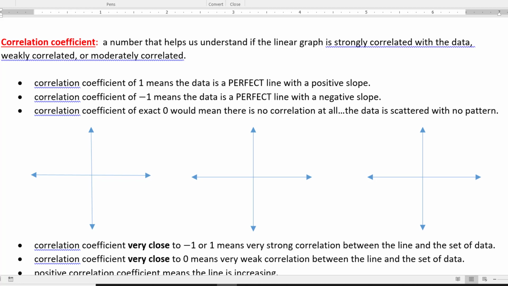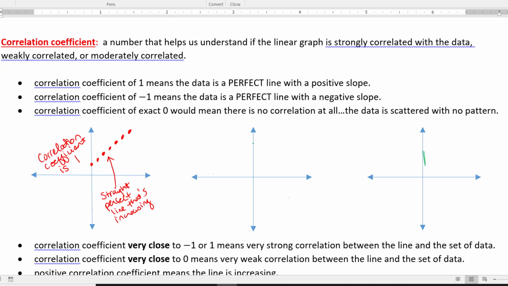So first of all, if a correlation coefficient were actually equal to exactly 1, if that happened, then that would mean that your points that you gathered from your data, your scatter plot, is exactly a straight line that's increasing. If you had a scatter plot like that, then the correlation coefficient would be exactly equal to +1.